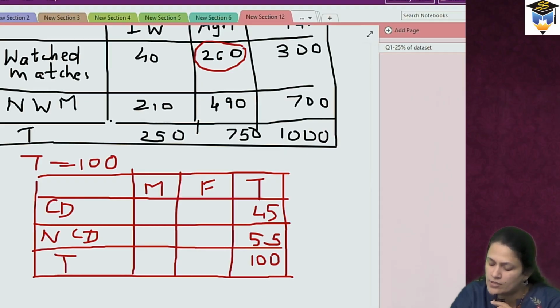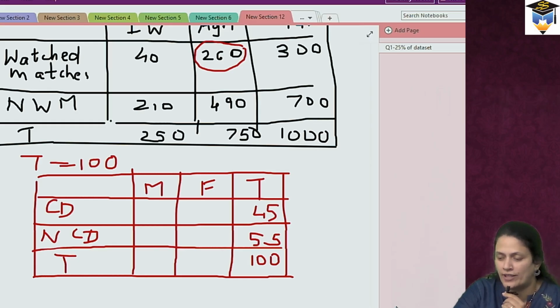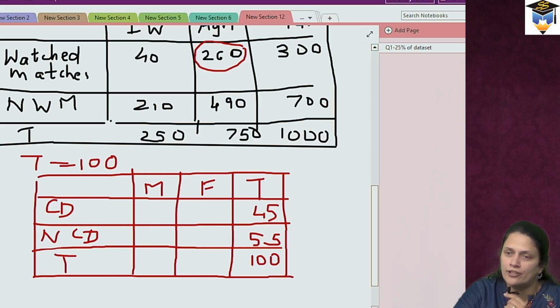Then next what is given? The total number of women were 40% and percentage of coffee drinkers was 45 as a whole, and the percentage of male coffee drinkers was 20. So male coffee drinkers, how much will it be? 20 upon 100 into 45? Correct?